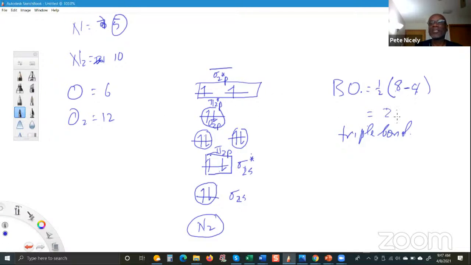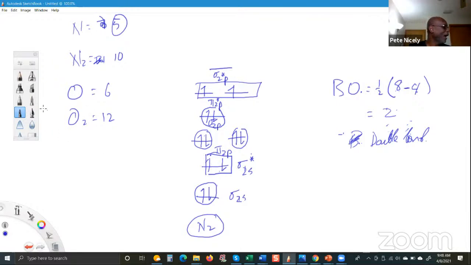So therefore, this would be 2. And therefore, the type of bond that exists in the oxygen molecule is the double bond. So in the case of oxygen, it's a double bond that will exist between the 2 oxygen atoms, all right? So that explains why oxygen has a double bond between the 2 atoms in its structure.